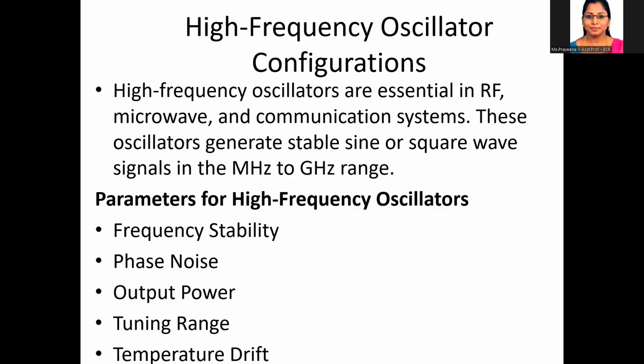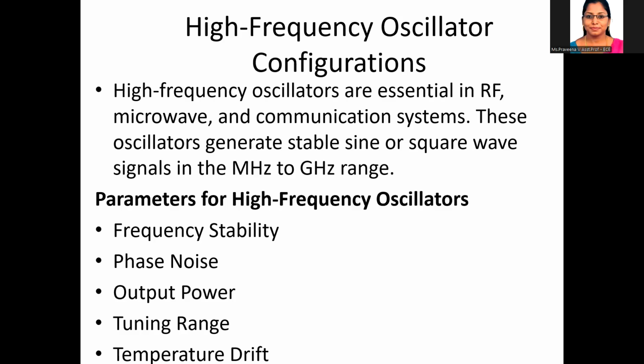Output power indicates the strength of the generated signal available to drive the subsequent stages. And tuning range is the range of frequency over which the oscillator can be adjusted or controlled. Due to their high stability and accuracy, high frequency oscillators are widely used in RF transceivers, communication systems, signal generators, and data equipment.